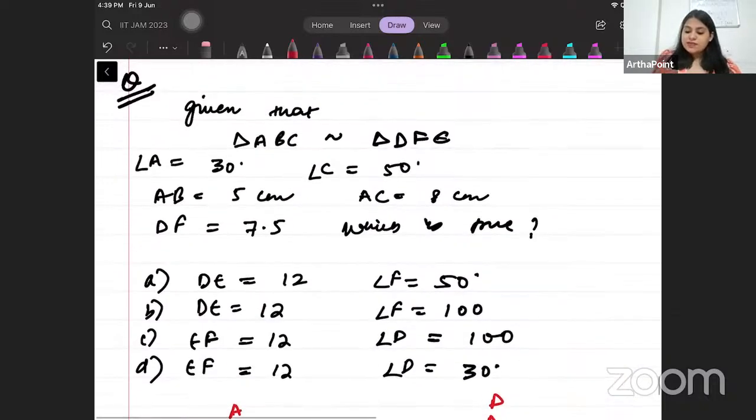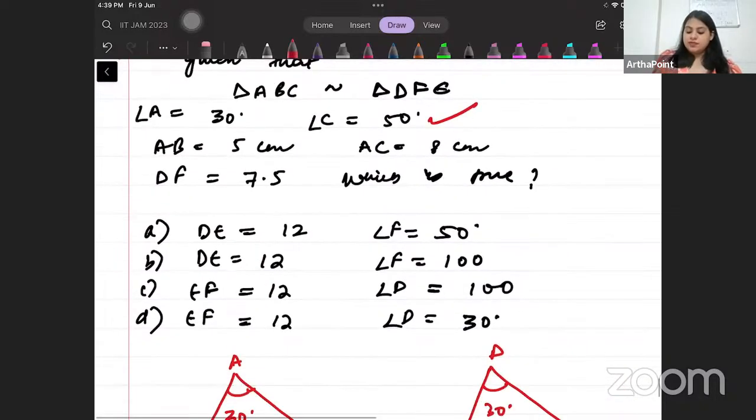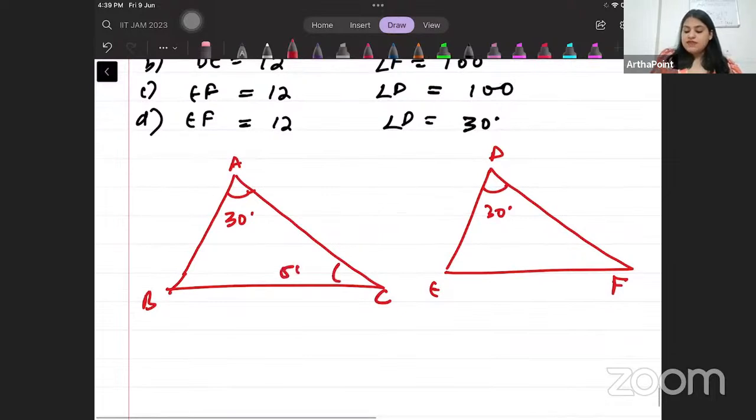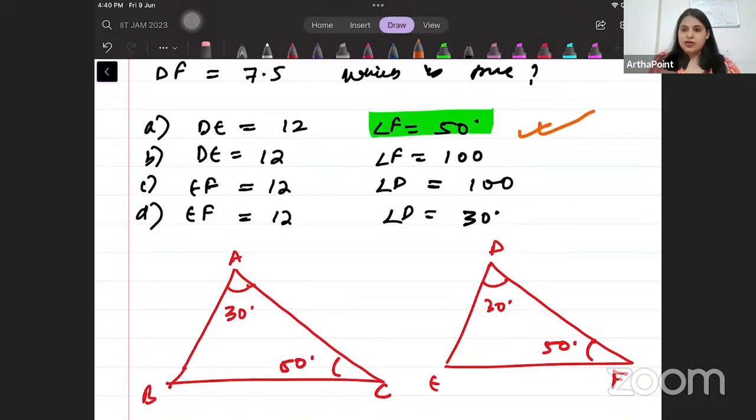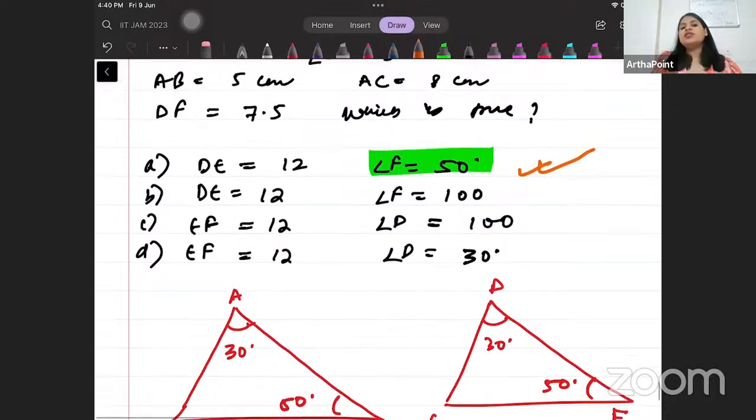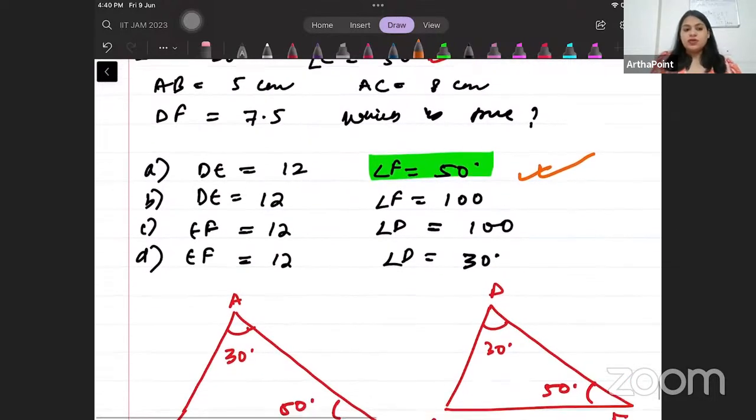Then it says angle C is 50 degrees. So beta, if angle C is 50 degrees and they are similar to each other, so F bhi to 50 degree ho gaya. They are similar to each other, right? Any property you apply, all angles have to be equal. So beta, we know that F will be 50 degrees. Automatically, this answer should be the correct one. A should be correct, right? Now, let's move one step ahead and try to solve further.